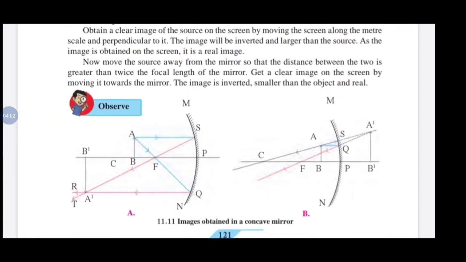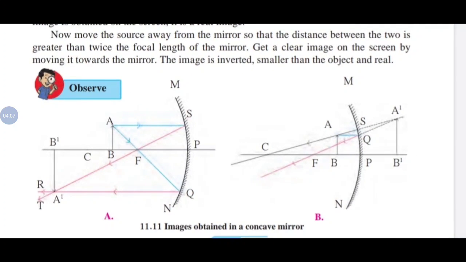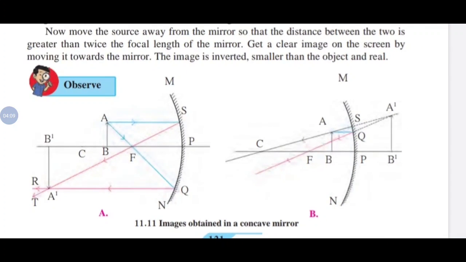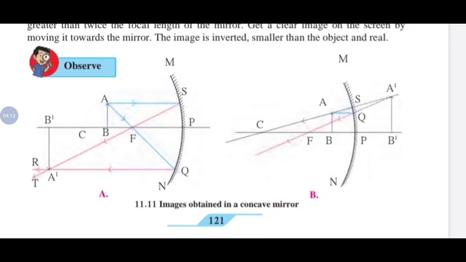So observe here two ray diagrams. For drawing the ray diagrams we are using the 3 rules we learned in the previous lecture. Observe figure A. The object is placed at AB, between C and F. C means center of curvature, F means principal focus, and the center of the mirror MN is P, which means the pole.